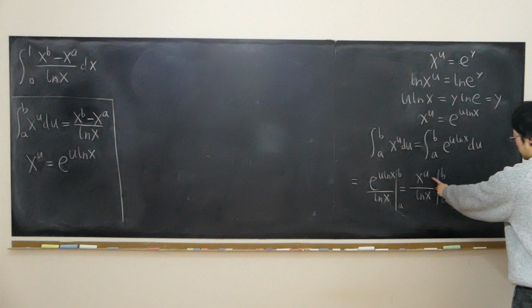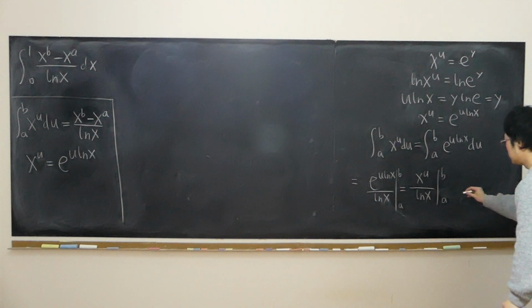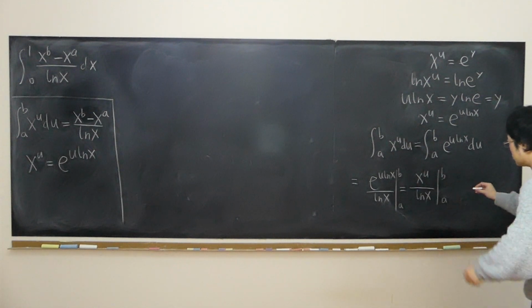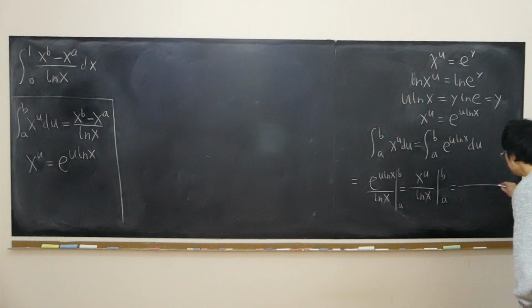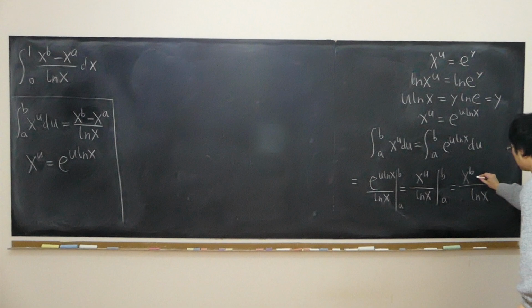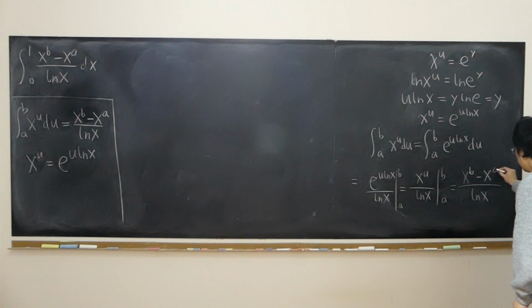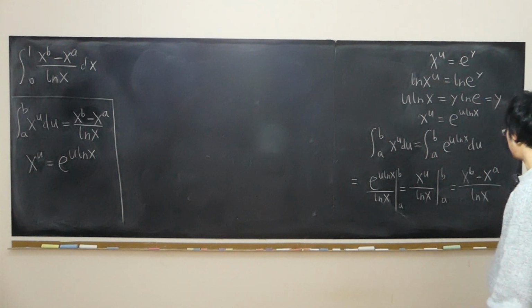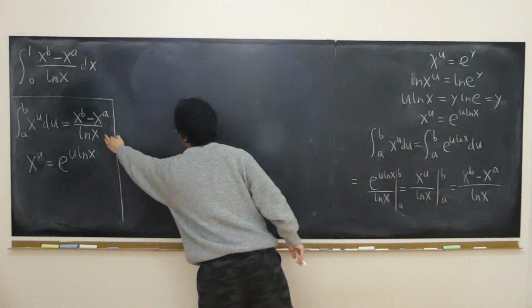Still remember, u is our variable, right? So after we replace u with b, and u with a, and take the difference, log x remains the same. On top we have x to the power of b minus x to the power of a. Right here, x is a constant. So we've proven this fact.